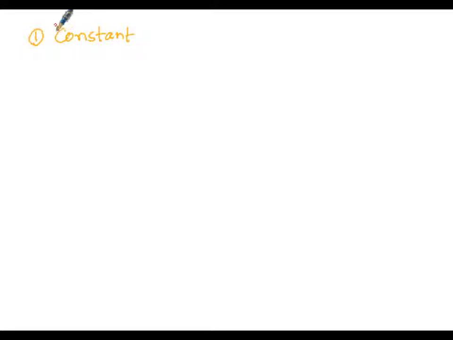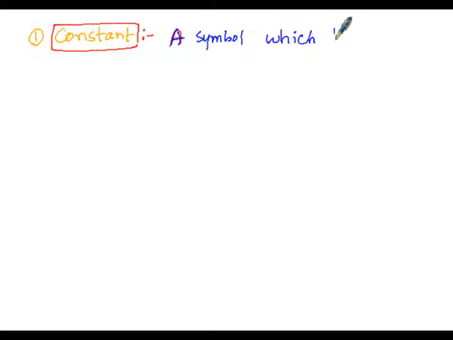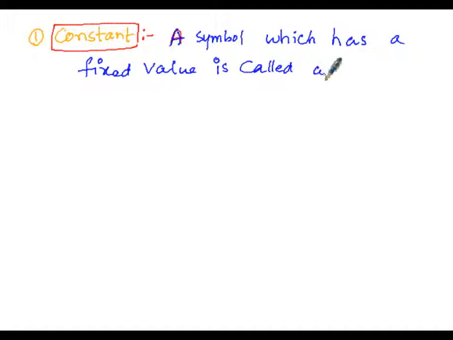So first one is a constant, a symbol which has a fixed value is called a constant.